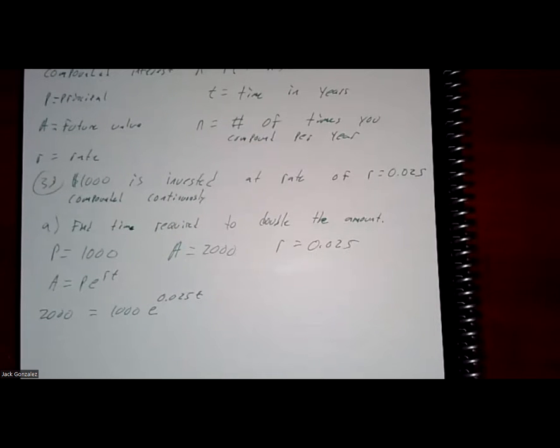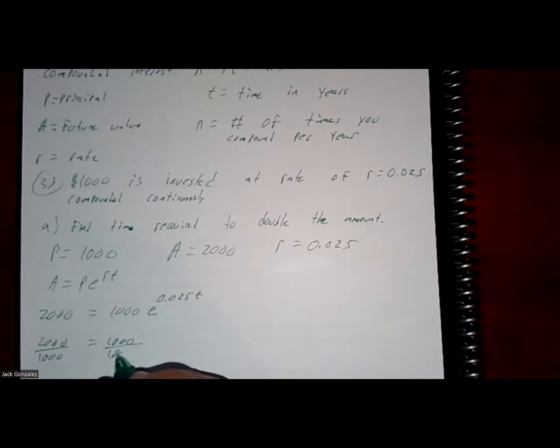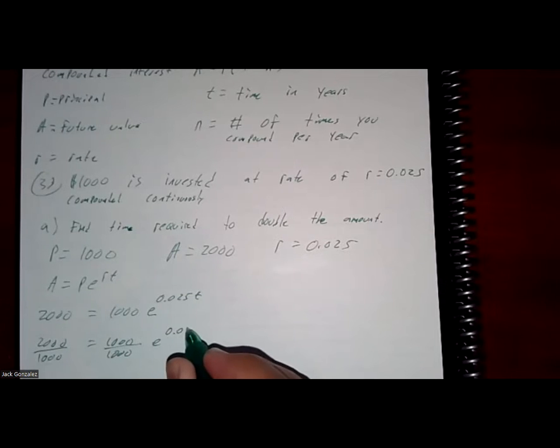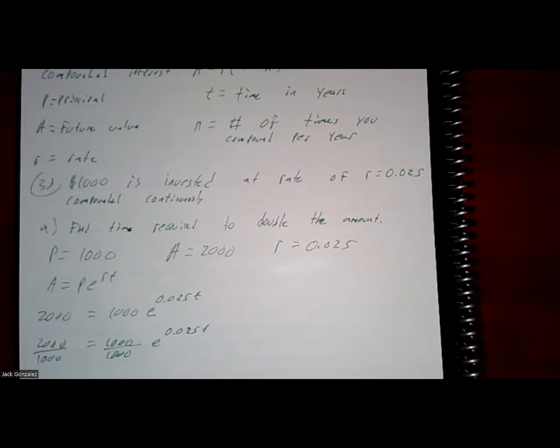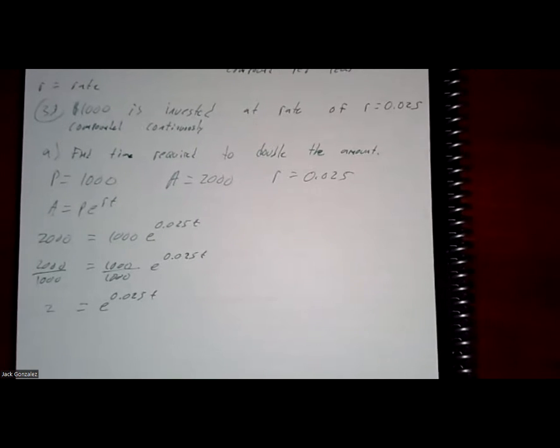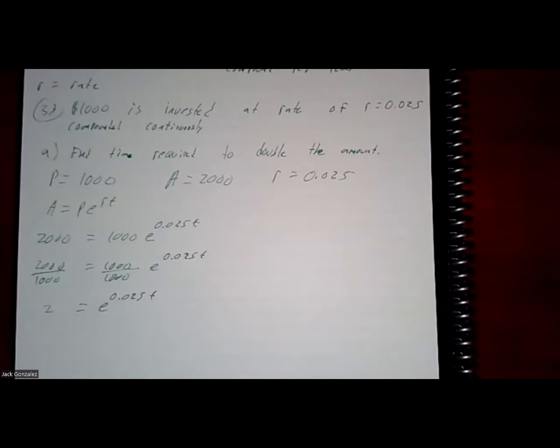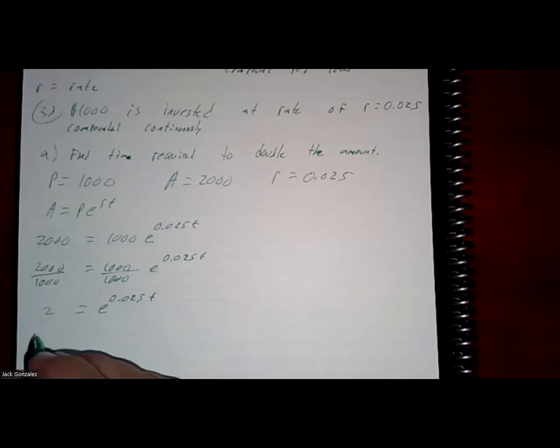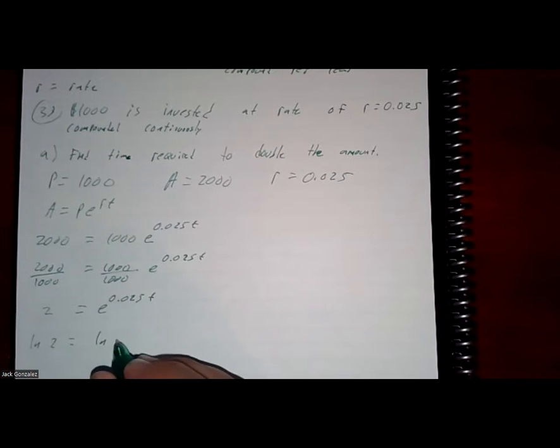Solve for time. So divide both sides by 1,000. This becomes 2. Okay, now let's solve for t. So introduce ln on purpose to cancel the e.